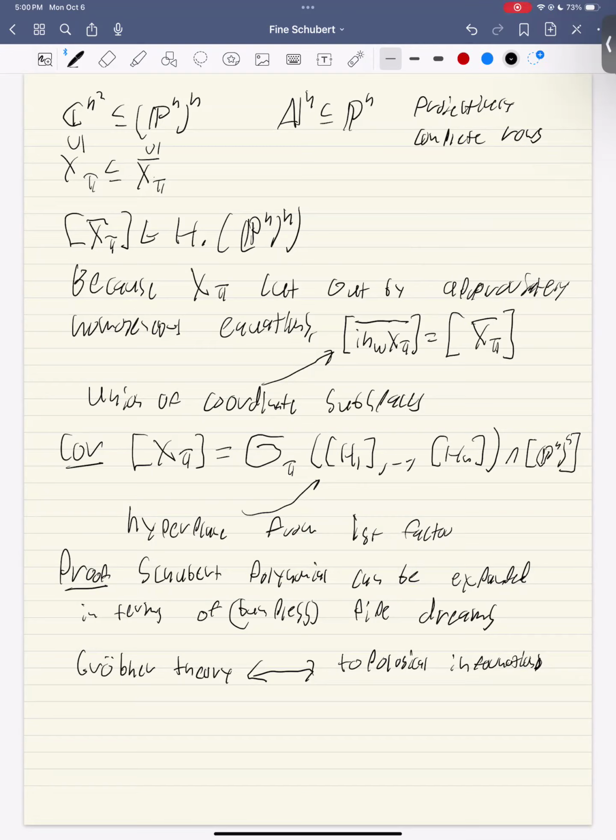And so maybe one philosophy is that if you have some subvariety X and you're trying to figure out what the initial degenerations are, you could write down a bunch of elements of your ideal that vanish on X, and then take their initial terms.